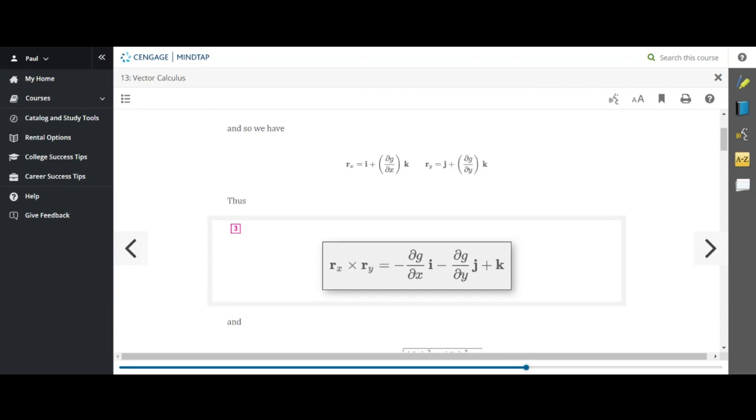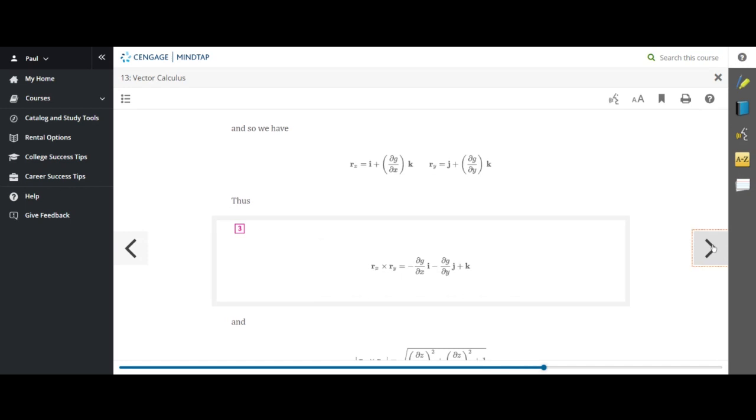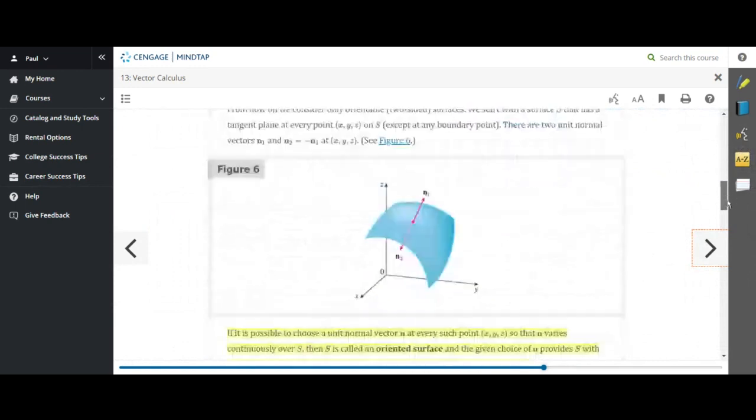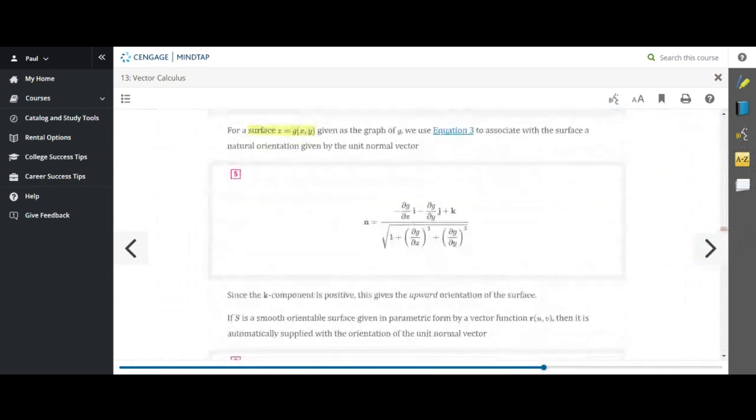That cross product vector is perpendicular to the surface at the point x, y, z on the surface. If we want it to be of length 1, we divide by its length, which gives what you see here. So that's one way to get a unit normal vector.